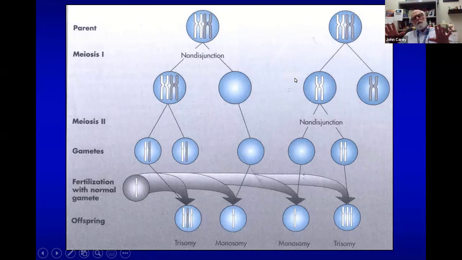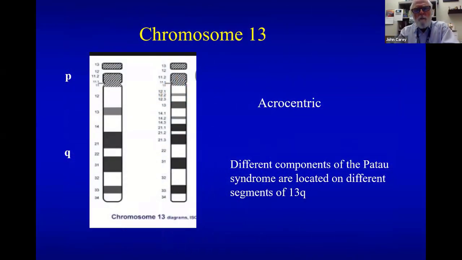And there are some human conditions that involve lack of separation, like non-disjunction occurring in a different way. But we still don't really understand non-disjunction. It really is, in that sense, kind of a random event. But it is the basis for why trisomy 18, trisomy 13, and really even trisomy 9 mosaicism occur.